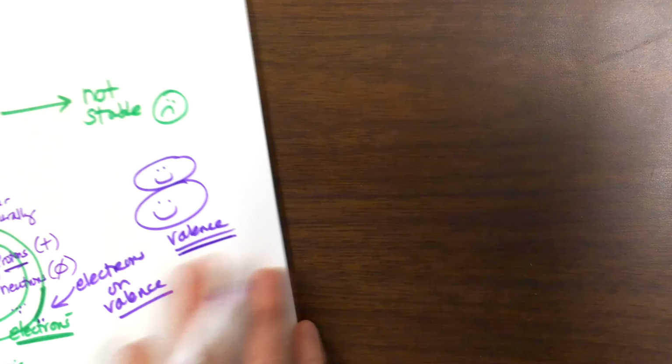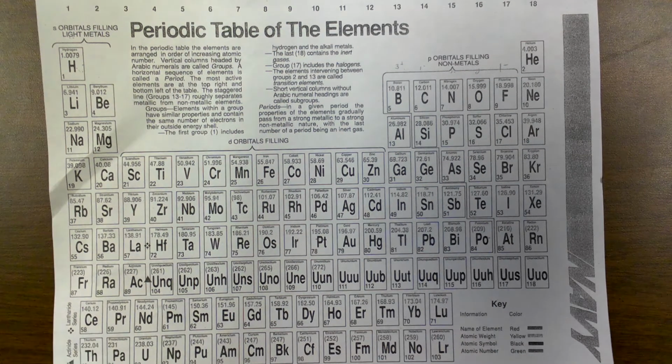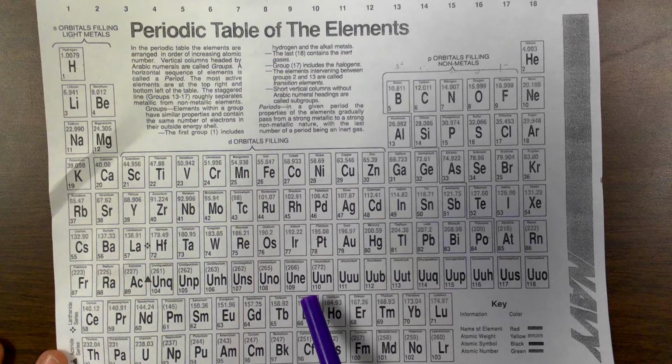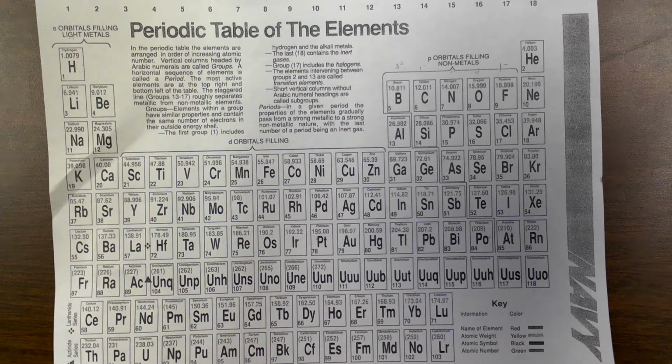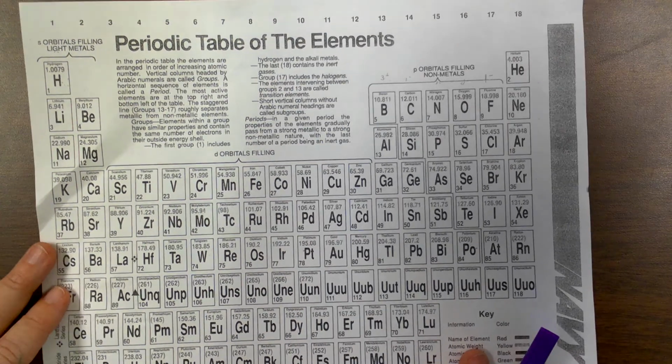So when we look at a periodic table, the periodic table is arranged to help us understand how many valence electrons all of these different elements have and who they would most likely bond with, and if they bonded with them, how they would form a couple. So bonding is basically elements looking for stability.